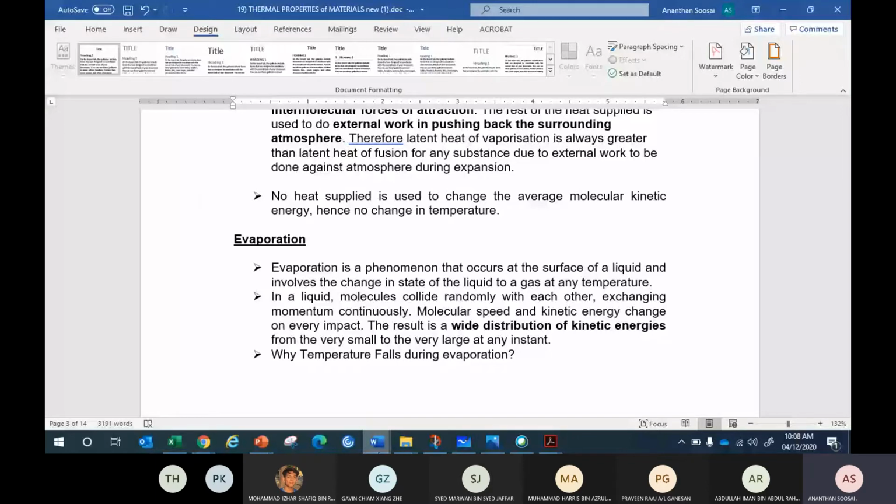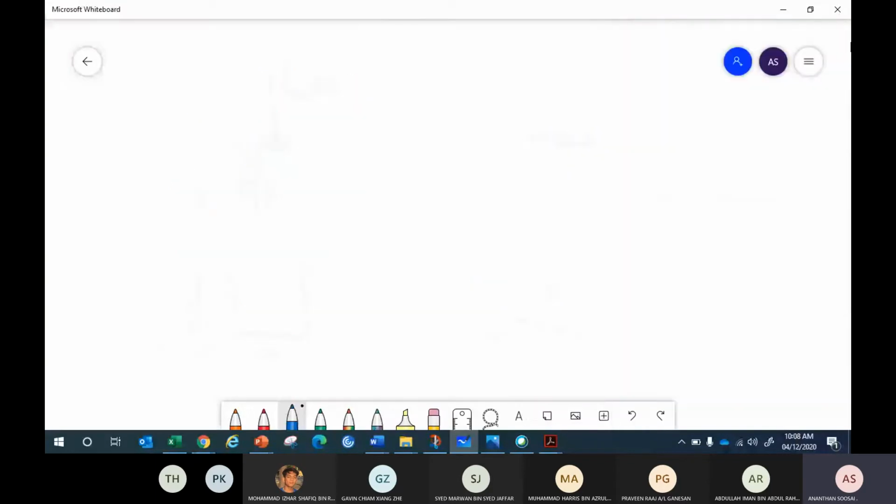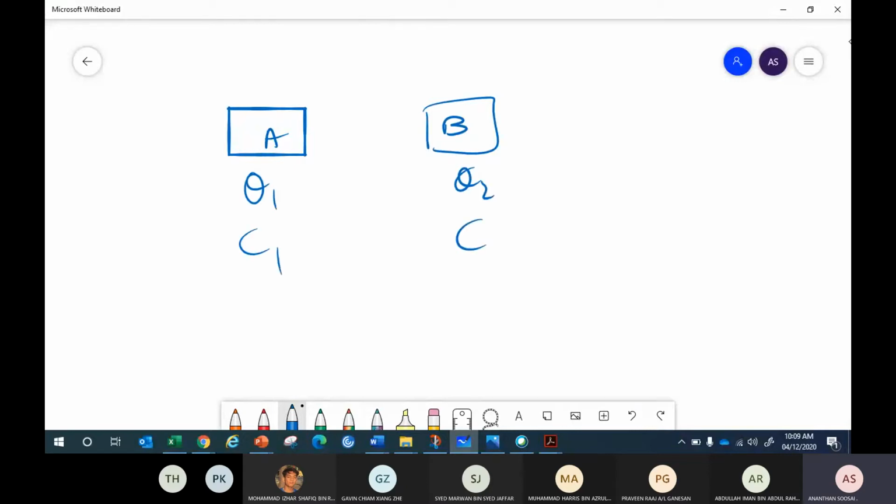The quite common question they'll ask about specific heat capacity and latent heat is like the question just now. Body A and body B at different temperatures, maybe theta 1 and theta 2, are given their own specific heat capacity and their own mass. When they combine, they'll ask what is the final temperature.